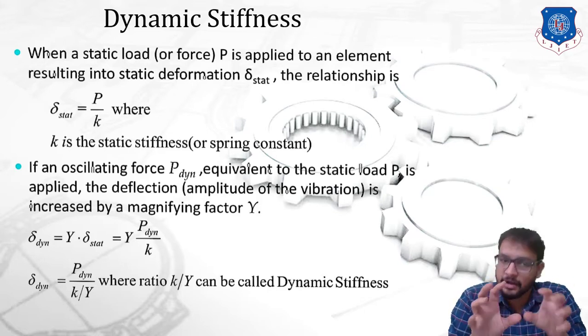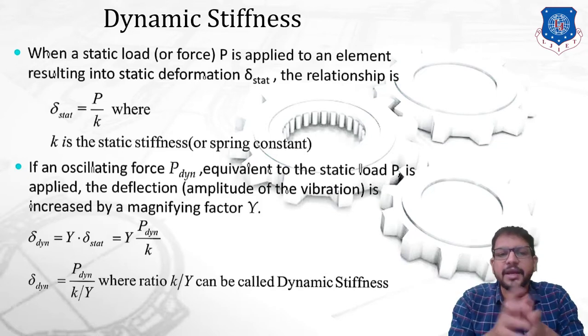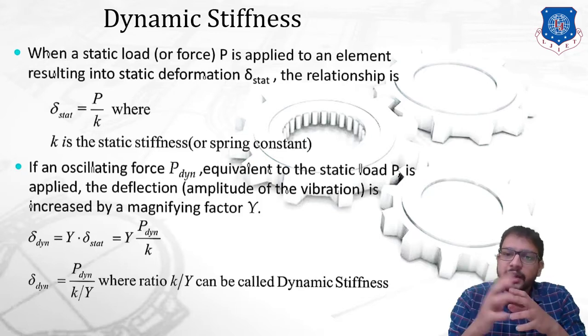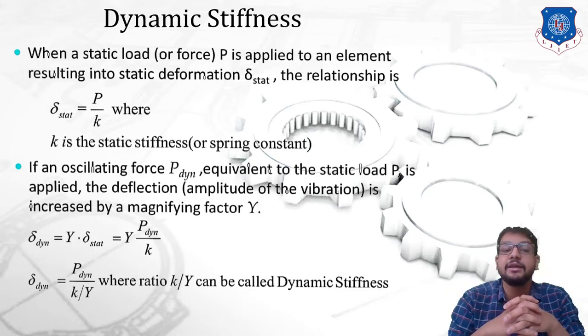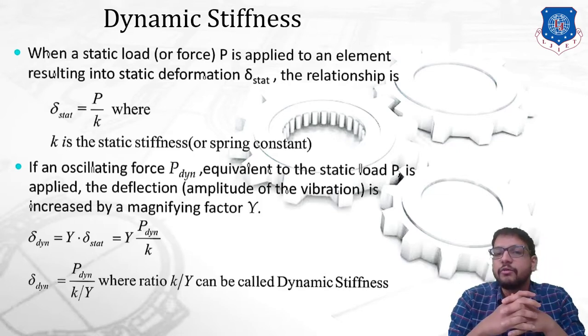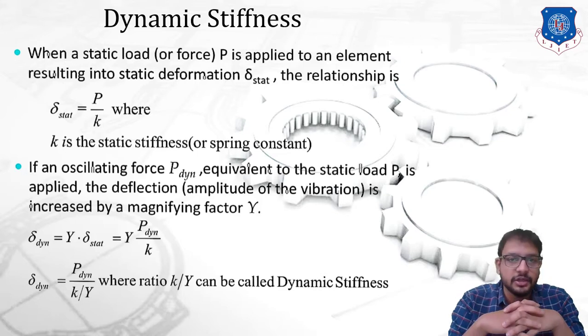Now considering a dynamic deformation, if an oscillating force, let's say P dynamic, which is equivalent to a static load P, is applied, then the deflection, that is the amplitude of vibration, is increased by a magnification factor denoted by gamma. The basic idea of the magnification factor you have already seen while studying vibration in the dynamics of machinery subject.